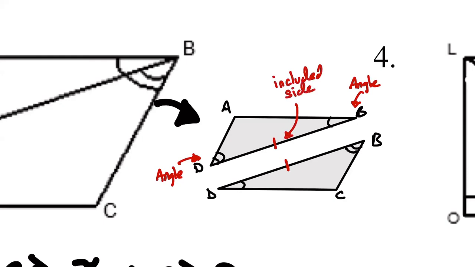And again, what we mean by included, in fact, if you take the word included out and say on the path to, that might be a better way of thinking about it, because the side that's on the path to the other angle. So from one angle, following the path to the other angle, that would be the included side. That's what that's known as, right? So this is an ASA arrangement, right?